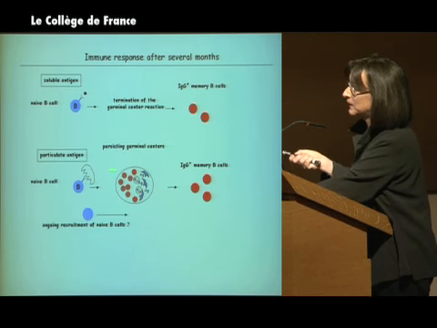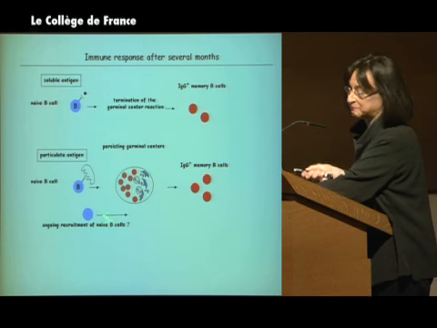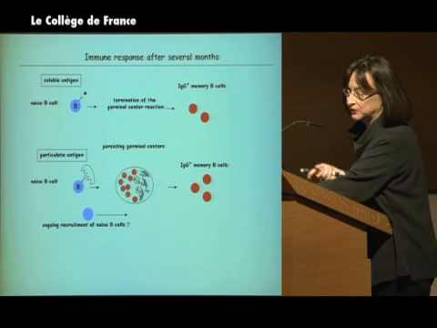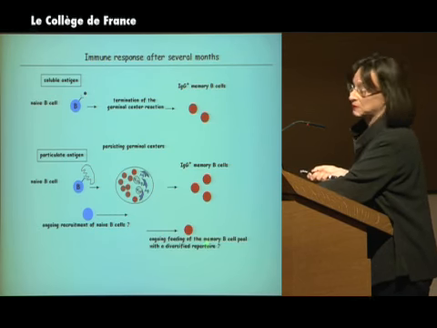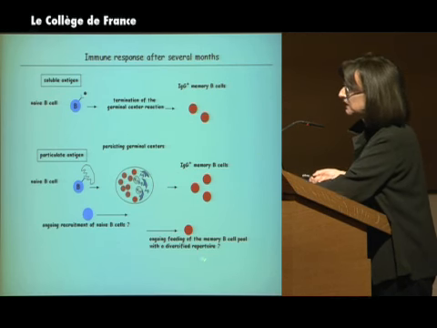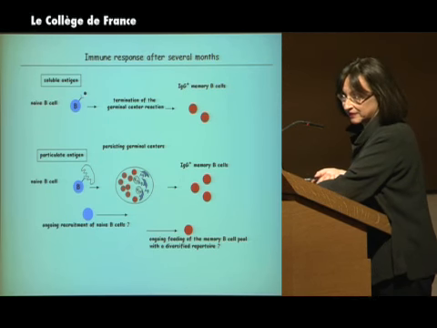Are they able to perform ongoing recruitment of naive B cells and so constantly mobilize new B cell clones? Are they able to feed the memory B cell pool, both in terms of plasmacytes and in terms of memory B cells? But is there a dark side to it?